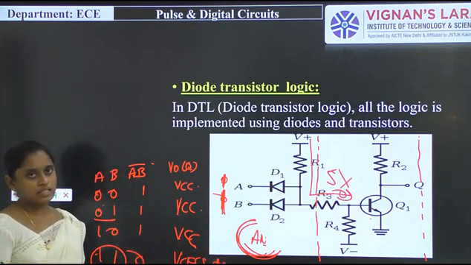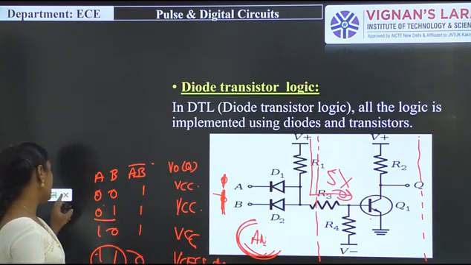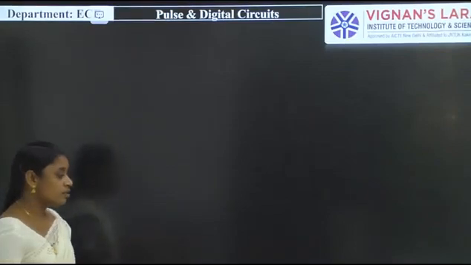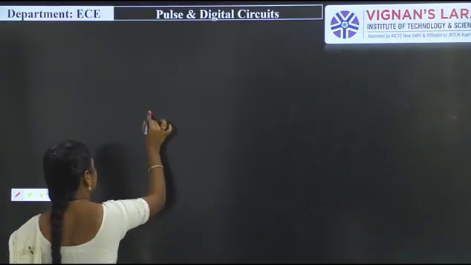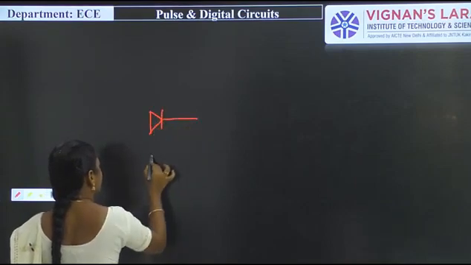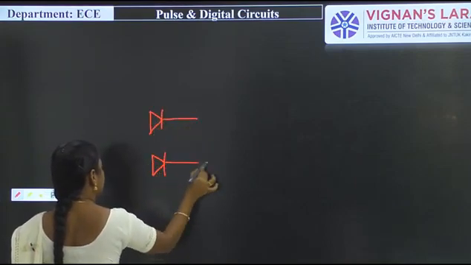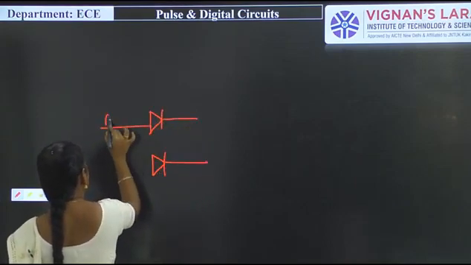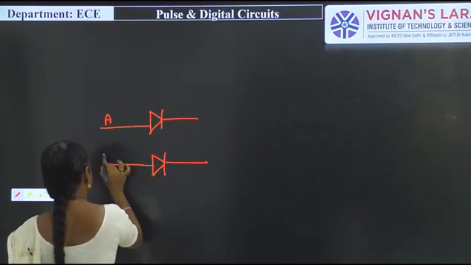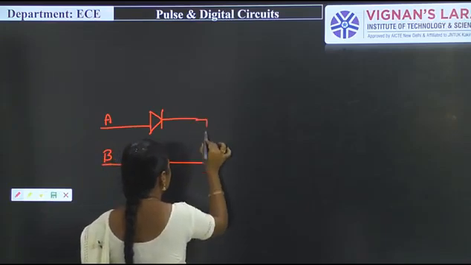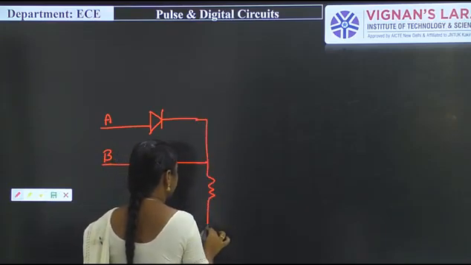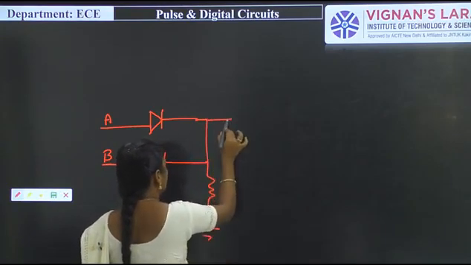So this is about the diode transistor logic for the AND gate. Next we discuss the OR gate design, the NOR gate design. So let us check the NOR gate with a positive logic design. So this is an output.